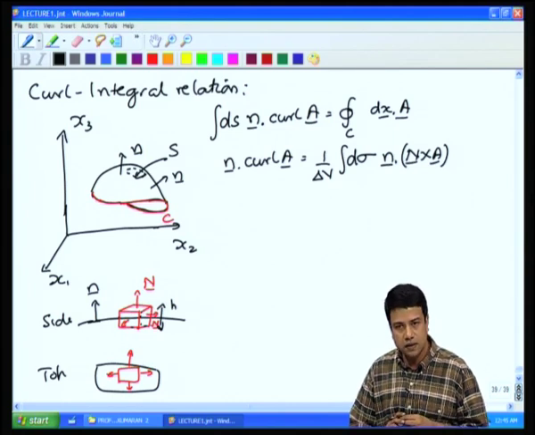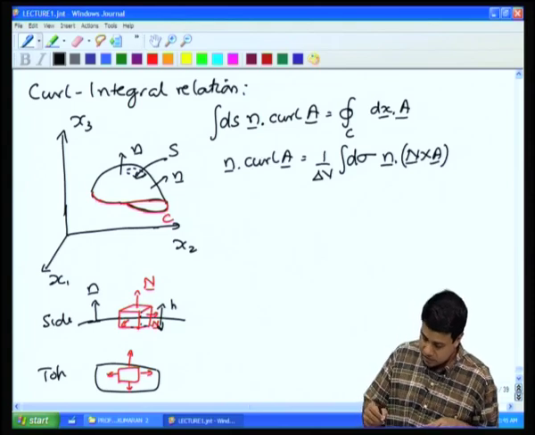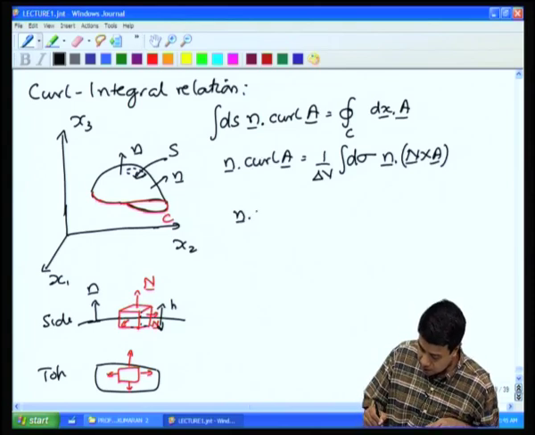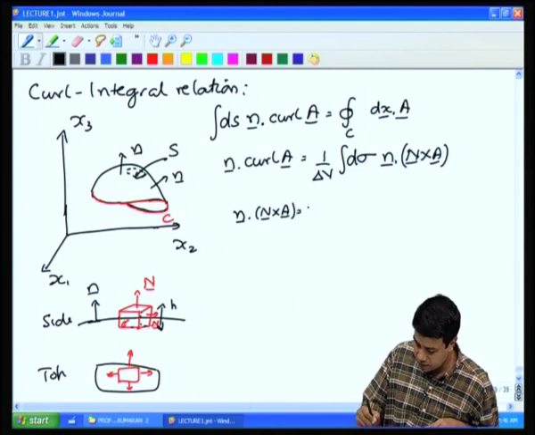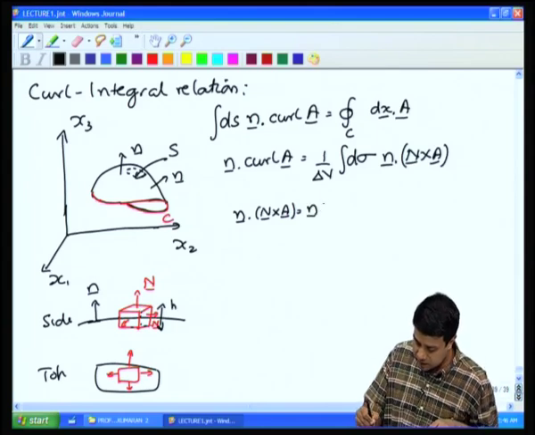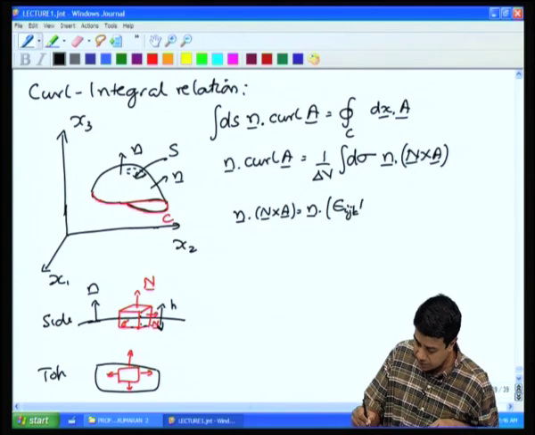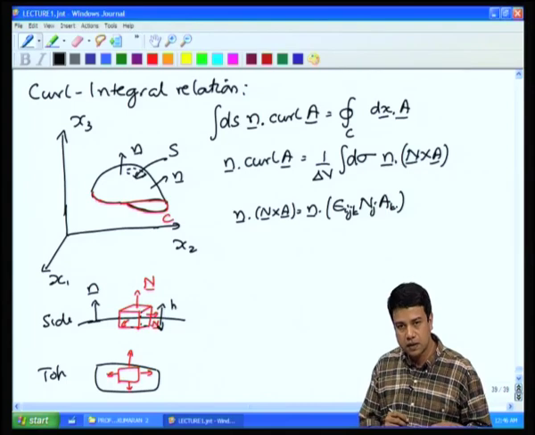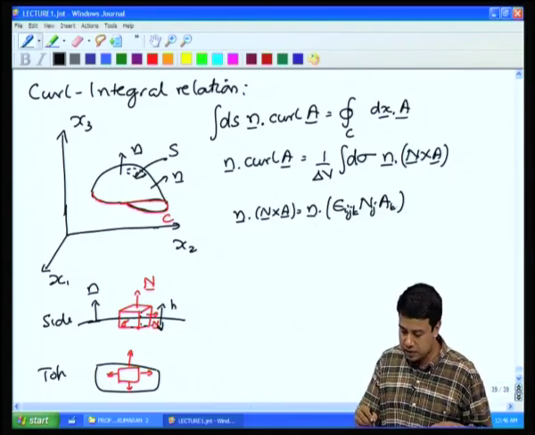This n dot n cross A you are probably familiar with. It is what is called the triple product. So, n dot n cross A is equal to, I am taking the dot product of this times the curl, epsilon i j k n j a k. And when I take the dot product, the indices are repeated.